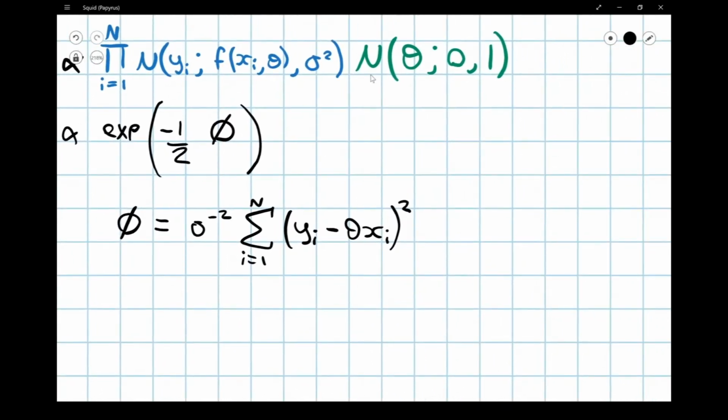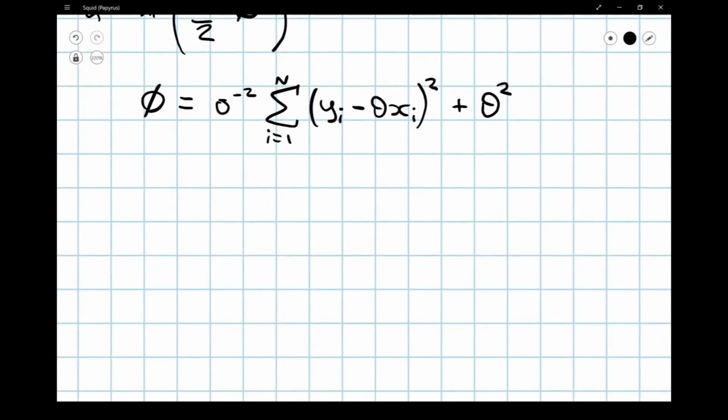And then to account for the prior, this is a unit variance Gaussian with zero mean, so we just end up with a plus theta squared. All I've done is expand all of these terms without having to write the exponential every single time.